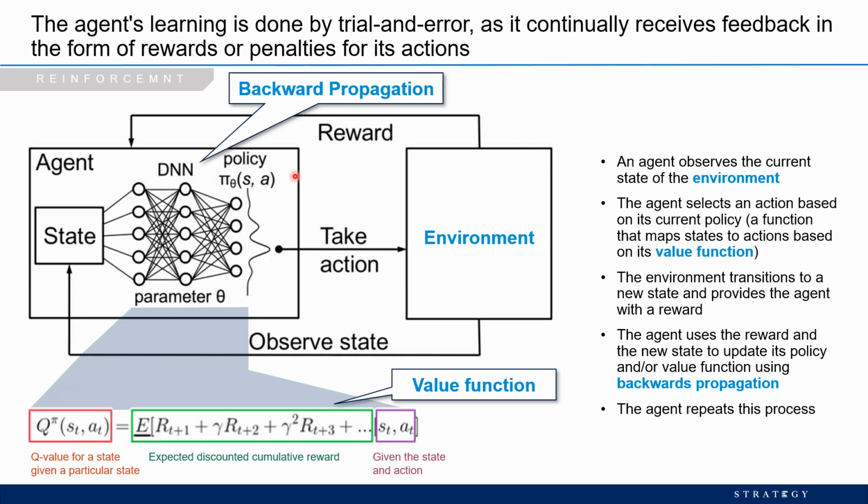However, if I only incentivize the agent on completing the level, it might never actually figure out how to complete the level just because that task is too complicated for it.